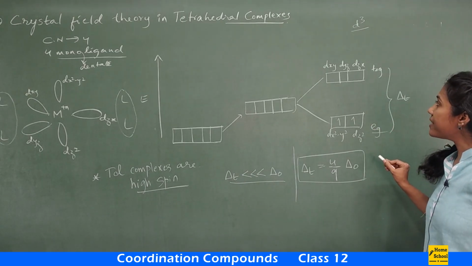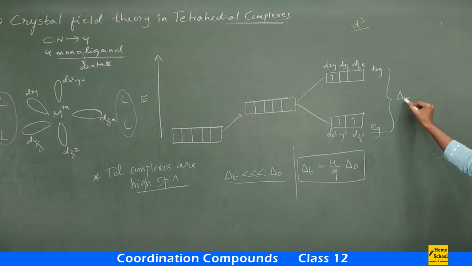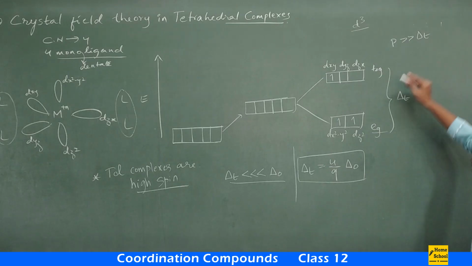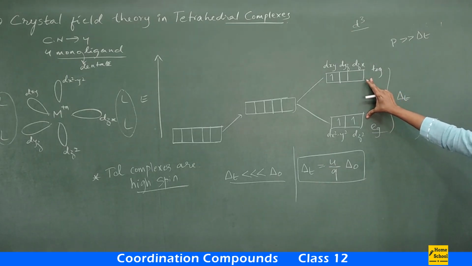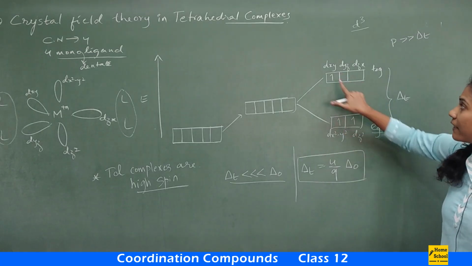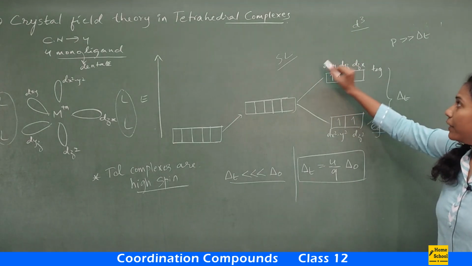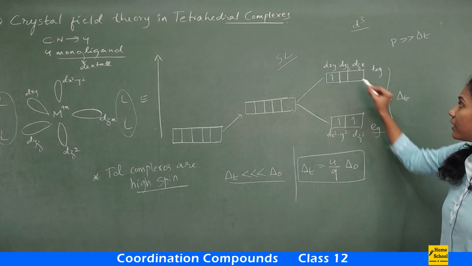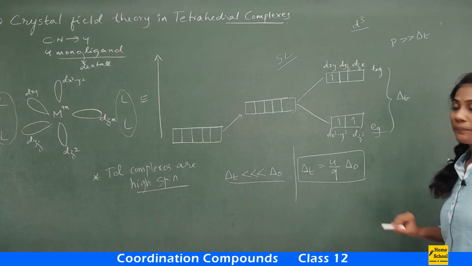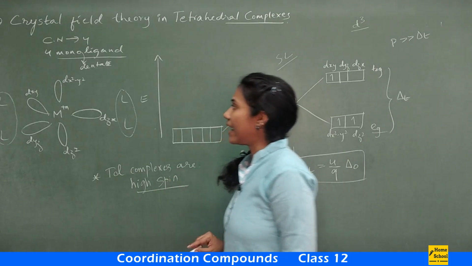The third electron, instead of pairing here, will always go up, because the pairing energy is much greater than delta T. Delta T is very small, a very small energy gap. So the third electron, instead of pairing, will go up even if you have a strong ligand here. Even if the complex has a strong ligand, the third electron prefers to go up instead of pairing. That's the reason we say all tetrahedral complexes are high spin only.